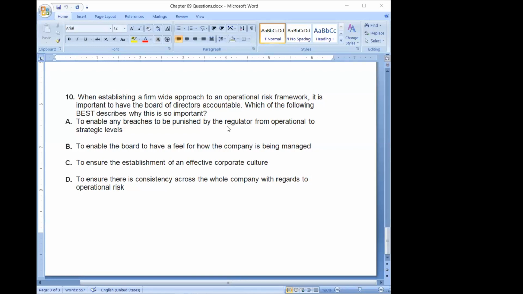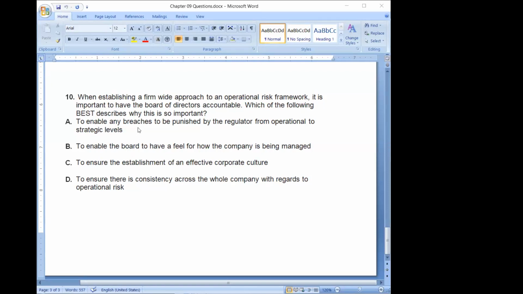To enable any breaches to be punished by the regulator from operational to strategic levels. To enable the board to have a feel for how the company is being managed. To ensure the establishment of an effective corporate culture. To ensure there is consistency across the whole company with regard to operational risk.